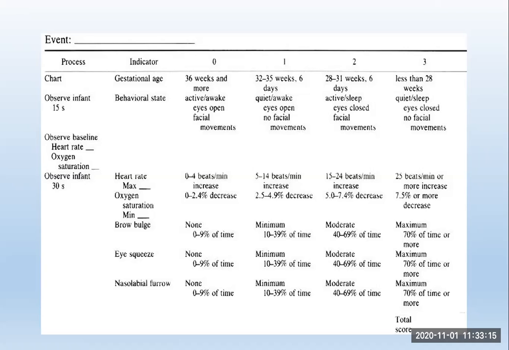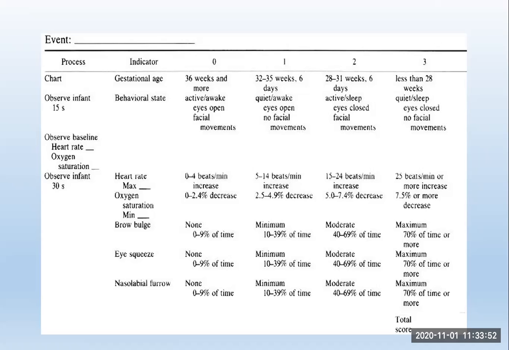What about behavioral state? That denotes the level of activeness, the opening of the eyes, and the facial movements. Based on these, a score of 0, 1, 2 or 3 is given. Now, change in heart rate: the more the beats per minute change, suppose an increase of 25 beats per minute or more, it is considered a score of 3. So more increase in heart rate, higher the score.